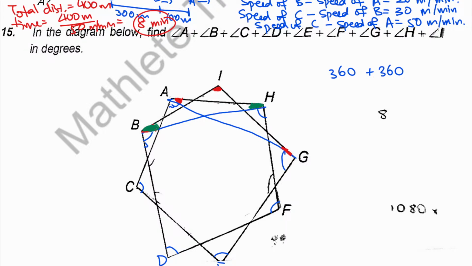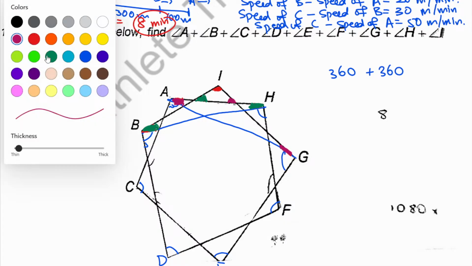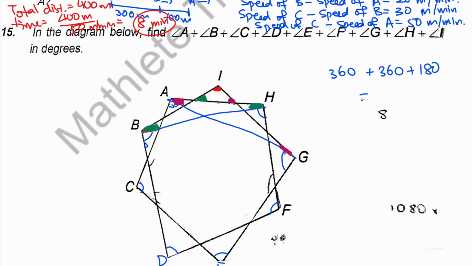So this angle, this will give me this over here, right? And then if I consider the purple HAG and the purple IGA, it will give me this angle. Okay, so this means that you will have a total of the red plus green plus purple, which is 180, which will be 900 degrees in total.